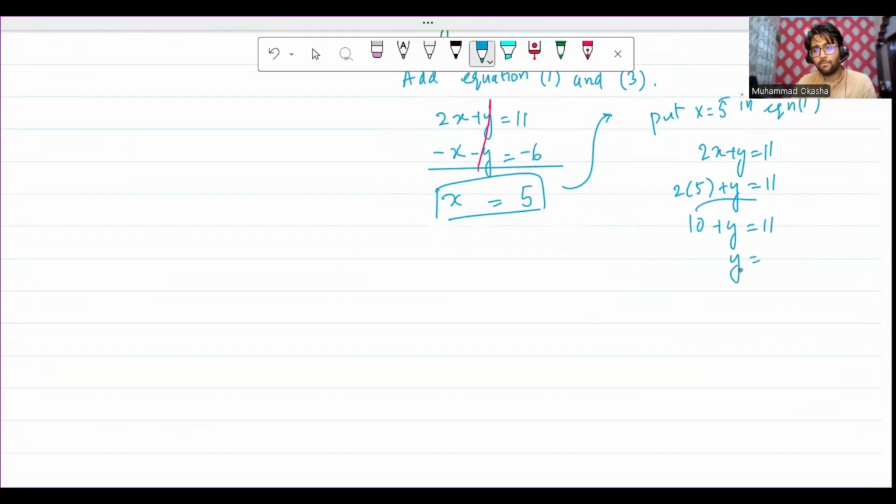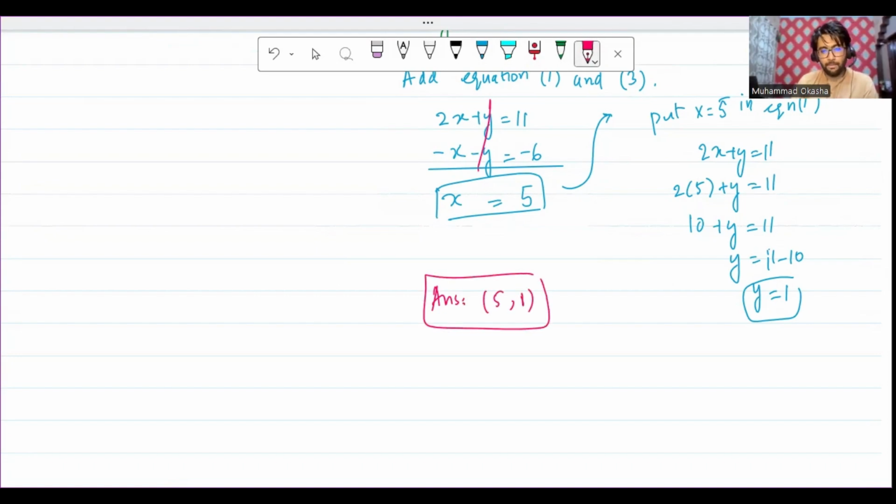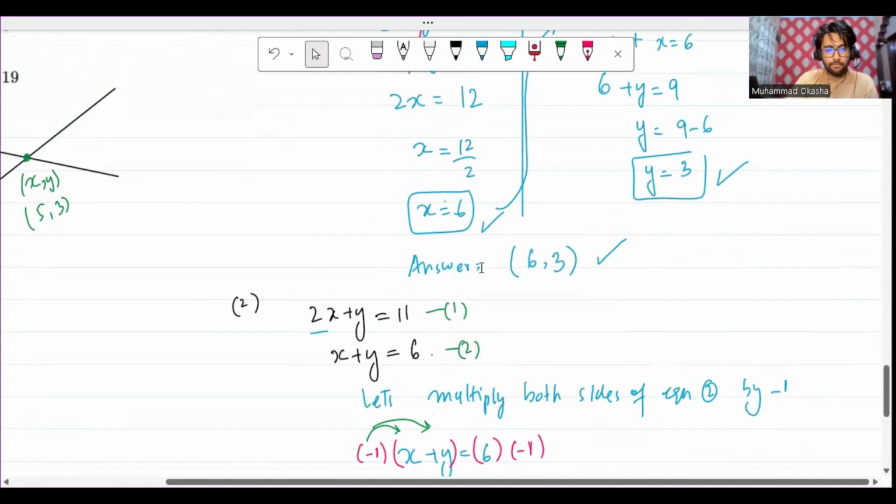If I isolate y, I'll send 10 over to this side, so it becomes 11 minus 10, which is 1. We got the value of x and y. So our answer is 5, 1. That is the answer for number 2.